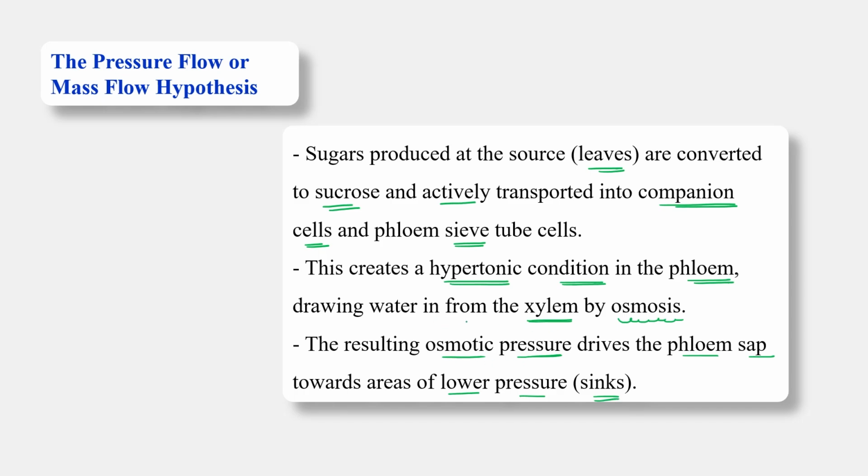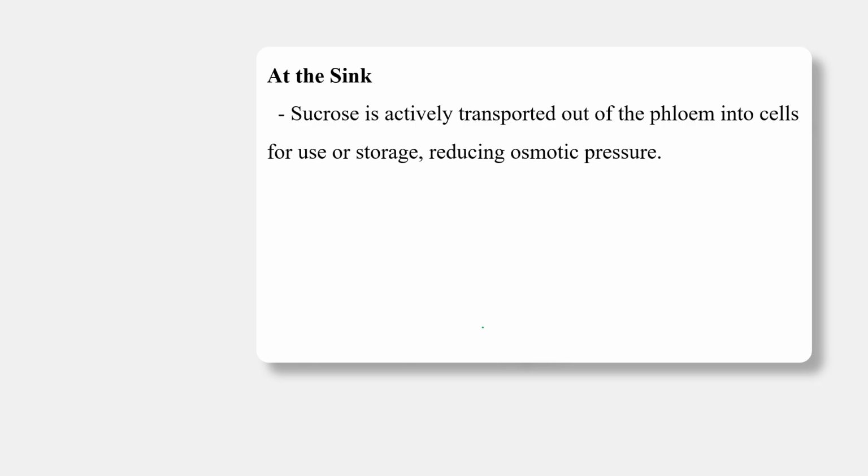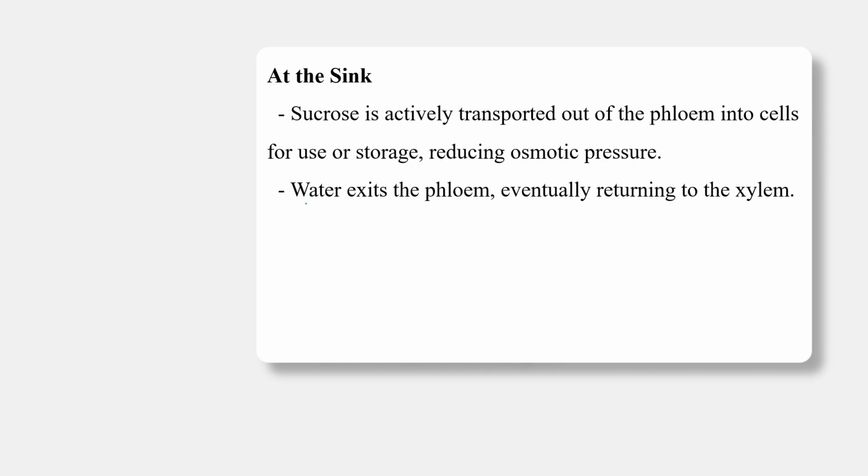Osmotic pressure is high in the top or source area, and it is lower in the sink area, and that's how water moves from source to sink area. Sucrose is actively transported out of the phloem into the cell for storage purposes, slowly reducing its osmotic pressure. As osmotic pressure is released, water exits the phloem and eventually returns to the xylem.